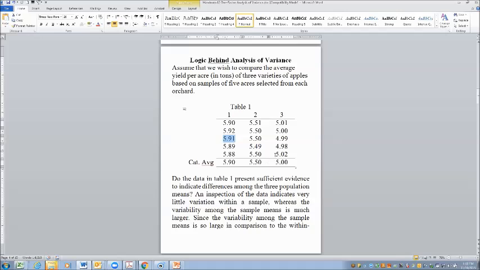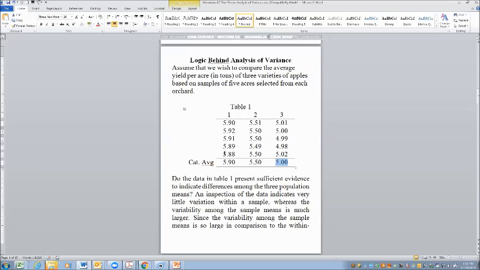And that holds true for each one of the 3 columns. So this is kind of like the second dartboard that we showed, where the groupings were very tight together. So when I look at the difference between the averages, between the columns, this seems like a much more significant difference because the variability within each column is so small.